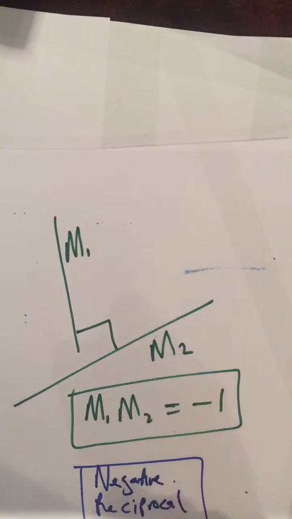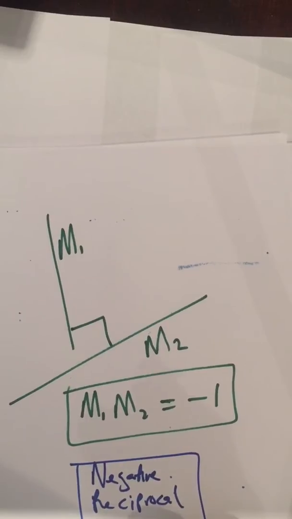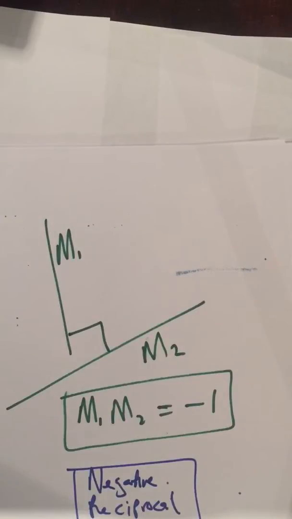With the word negative, it means put a minus sign in front of it. Negate it: if it was positive, now make it negative; if it was negative, now make it positive. Reciprocal means flip it. What was up should now go down, and what was down should now go up. And that's now your second gradient.